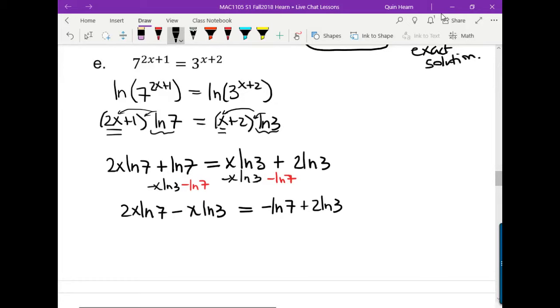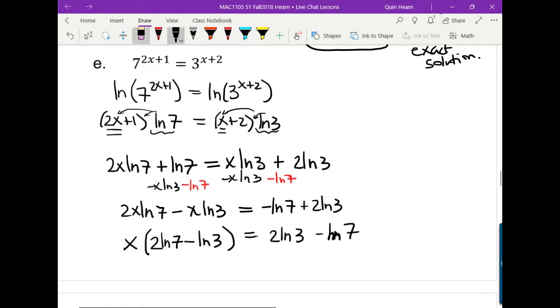Okay, so the x's that we're looking to isolate are on the left. So now this is the trick, you factor it out. It's the same every time when you have a problem like this. Get the x terms to one side and factor out that x. I'm actually going to write this as 2 natural log of 3 minus the natural log of 7. Just one less symbol to write.